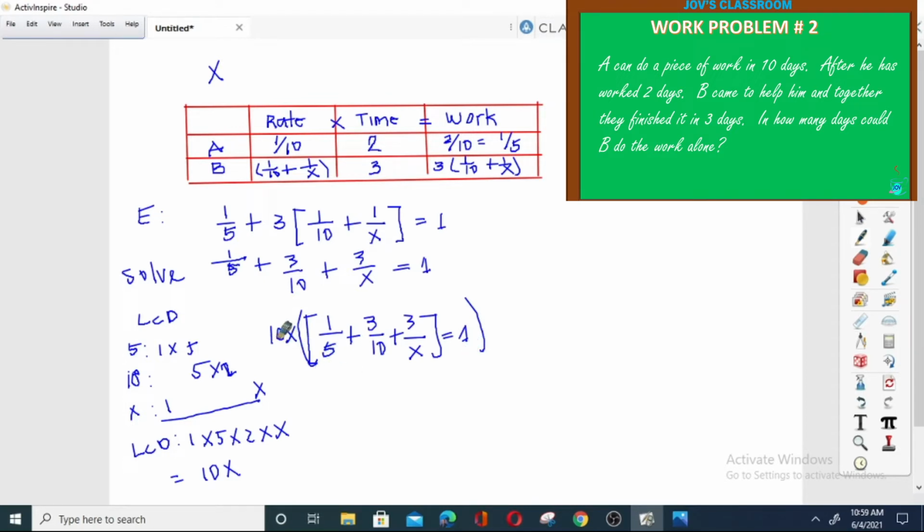So this is 10x divided by 5, this is 2x plus this one. 10 will cancel out and this will be 3x, sorry.